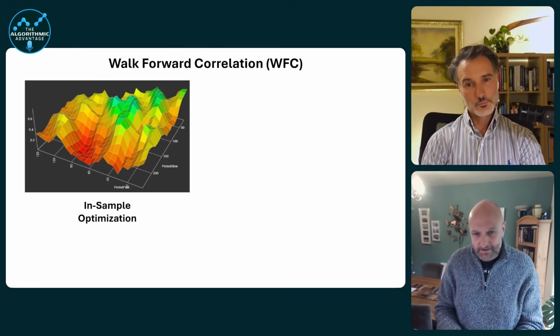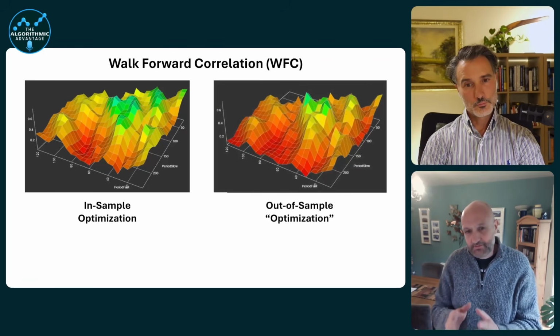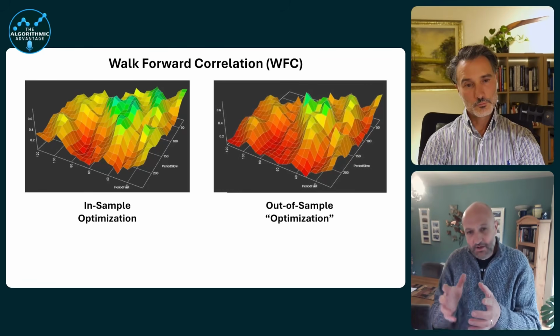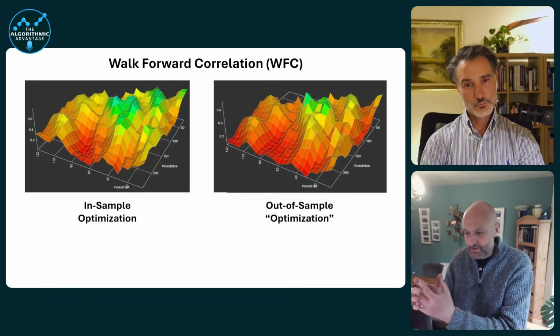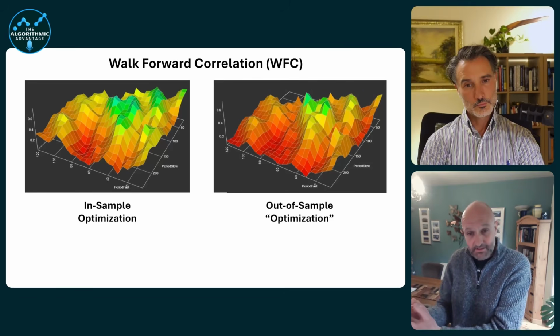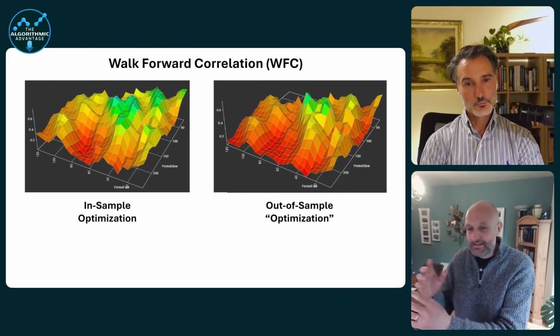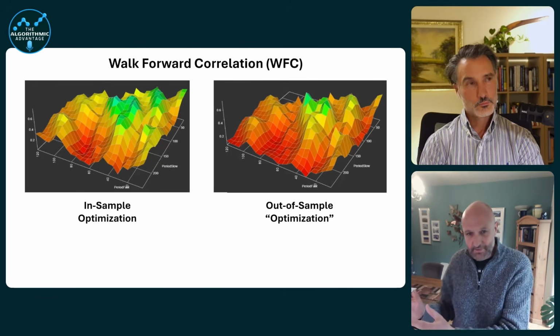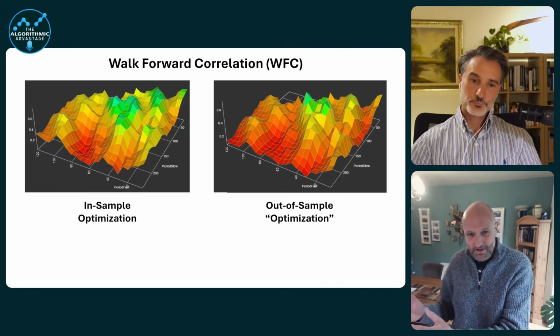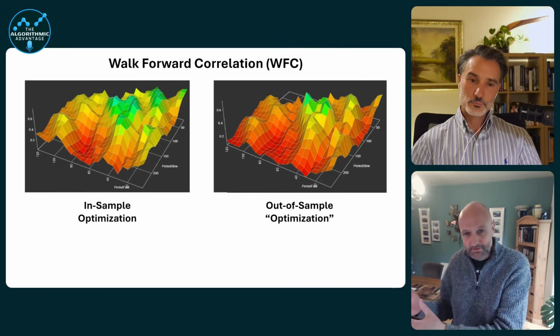The difference is that instead of comparing how this works with a single set of parameters on the out of sample, you look at the entire n-dimensional parameter space on the out of sample data.